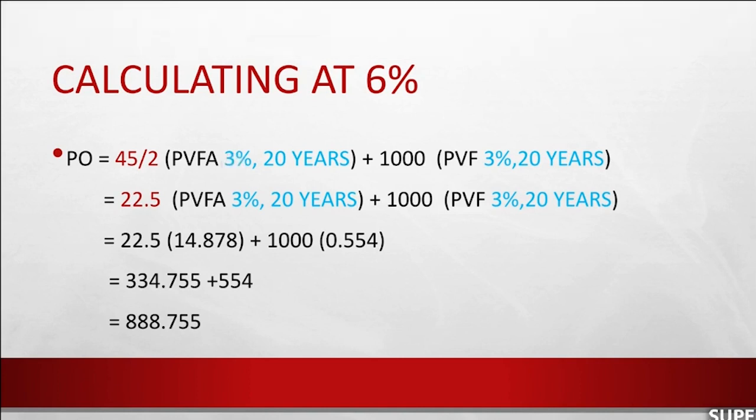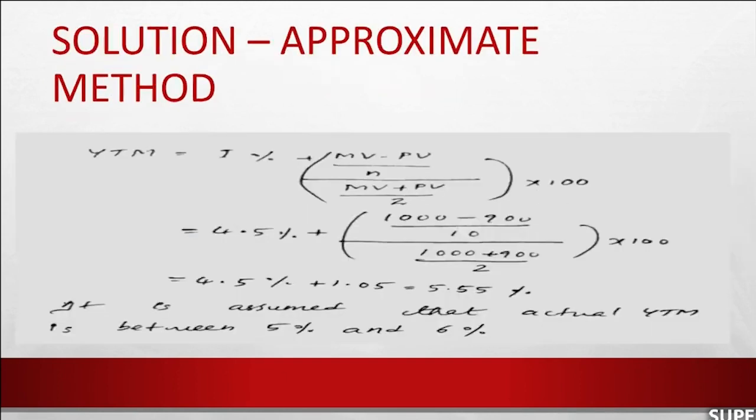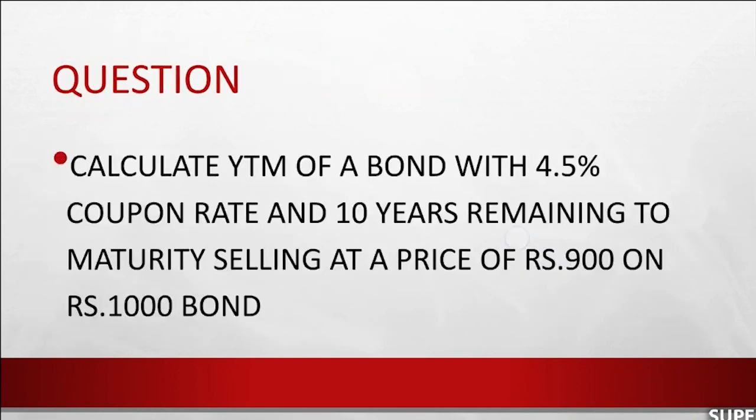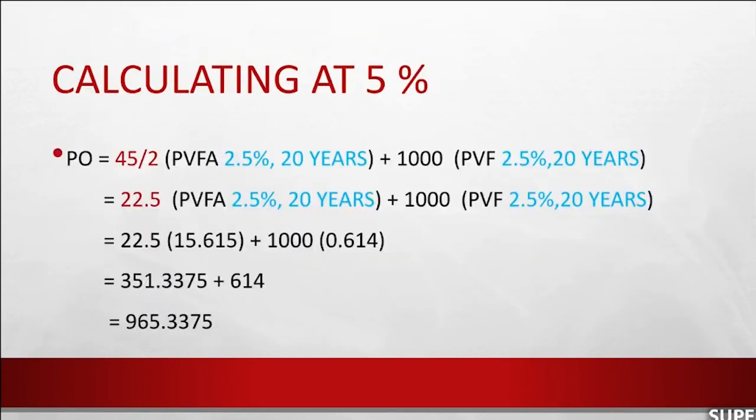Okay, now we are going to interpolate, because our cash outflow is 900. In our question it is mentioned that our cash outflow is 900, that is the market price at which we are purchasing that bond. So here in the first case at 5%, we will get 965.3375 as total present value of cash inflow.